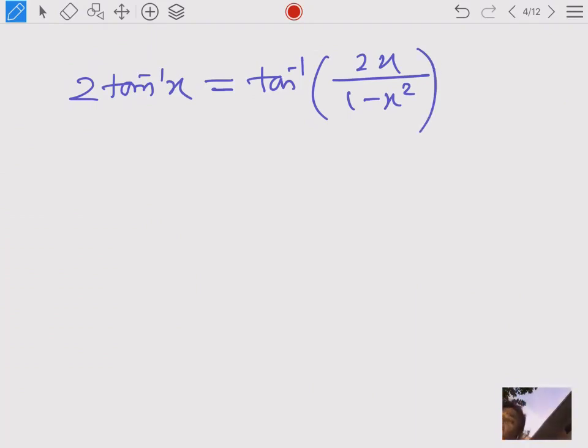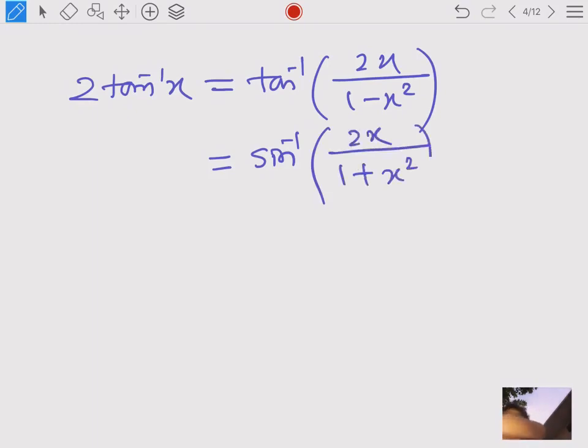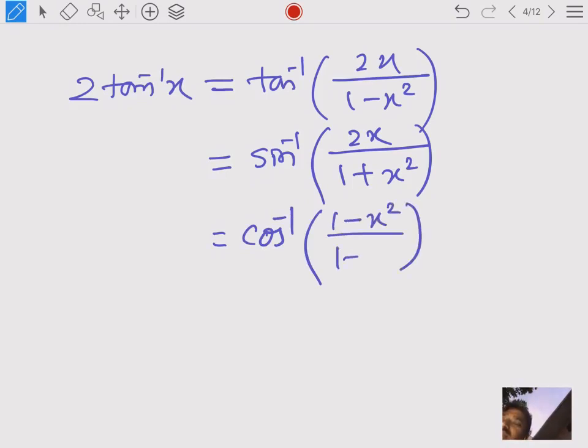If you want to convert it in tan inverse form, and many times there may be a condition where we want to convert this into sin inverse form, then we can convert it directly as sin inverse 2x upon 1 plus x square. And if we want to convert 2 tan inverse x into cos inverse form, then we can do that also, and for that cos inverse 1 minus x square upon 1 plus x square.